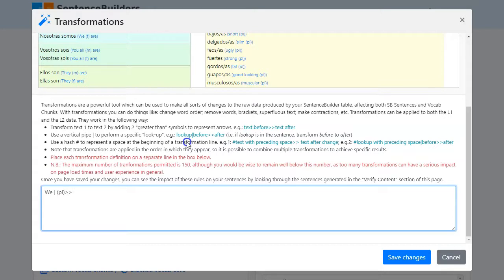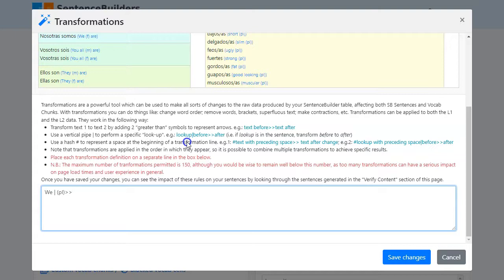If you look at that carefully, to the left hand side of the vertical pipe we have the word we with a space, and so we're saying whenever we see a sentence that contains we, then we're going to remove the brackets PL and the space that's in front of it.